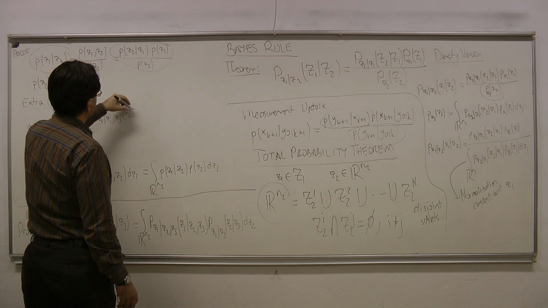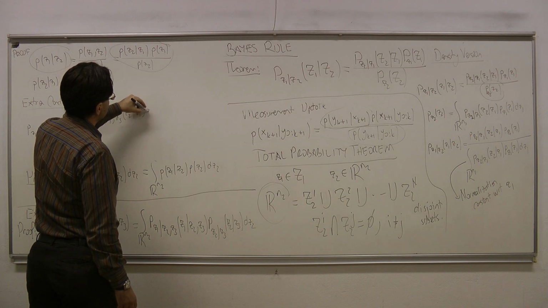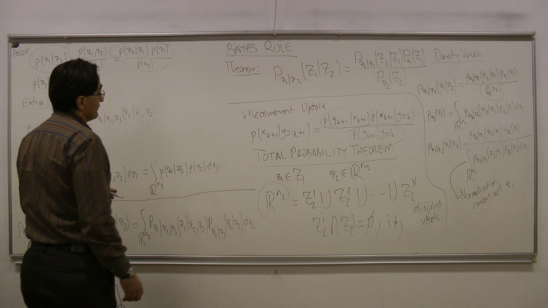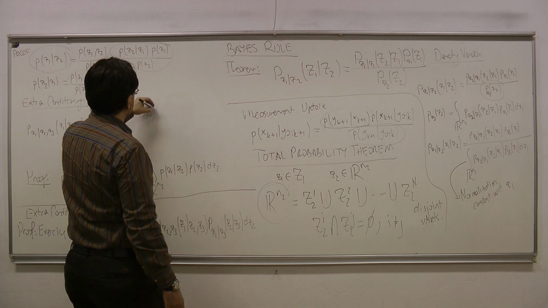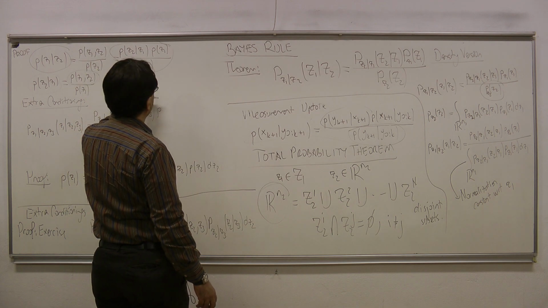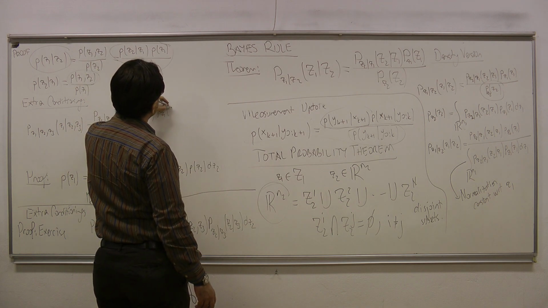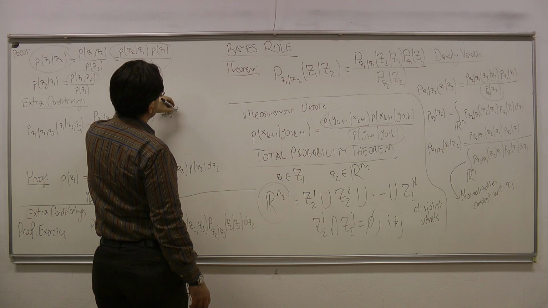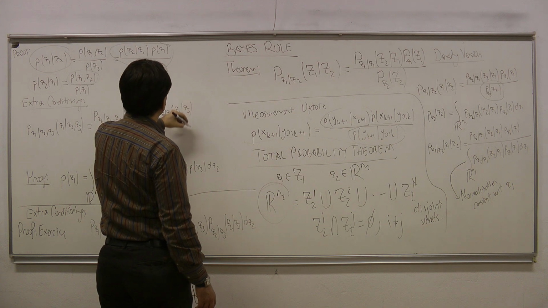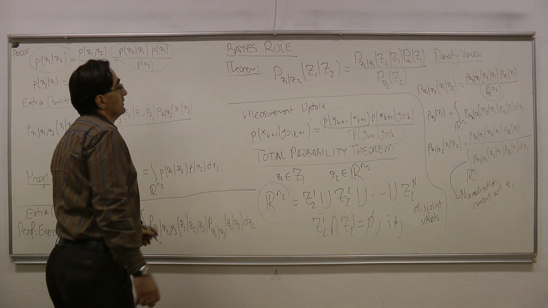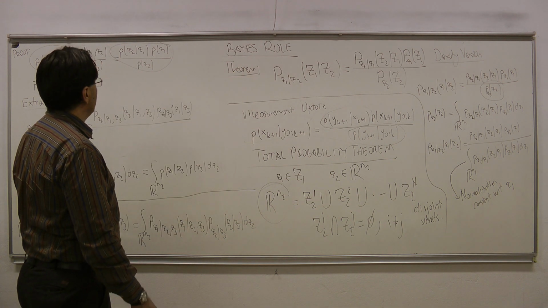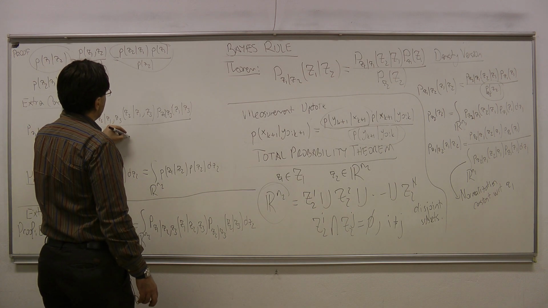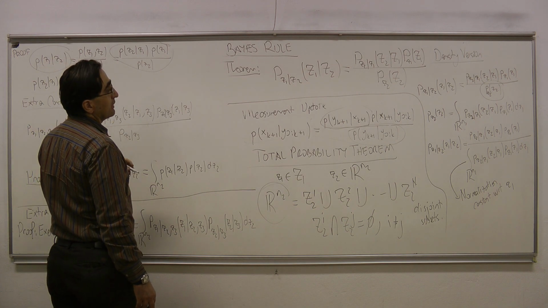So Z2 given Z1, Z3, and in the next density function, P of Z1 given Z3 again, divided by, in the denominator, I have P of Z2 given Z3, okay?